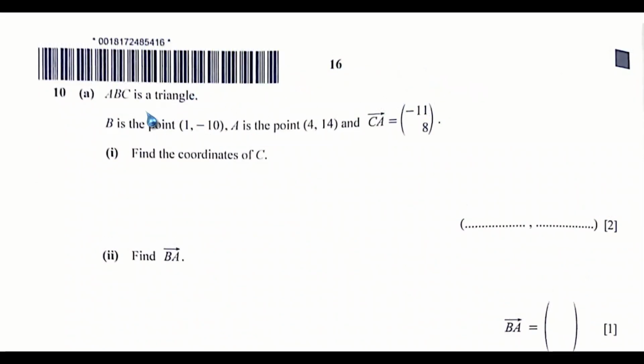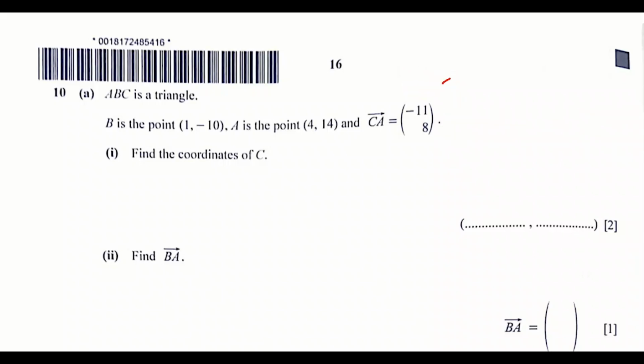Question 10a. ABC is a triangle. B is the point (1, -10), A is the point (4, 14), and CA is equal to (-11, 8). Then find the coordinates of C. So what we need to do is to have a rough sketch of the triangle.